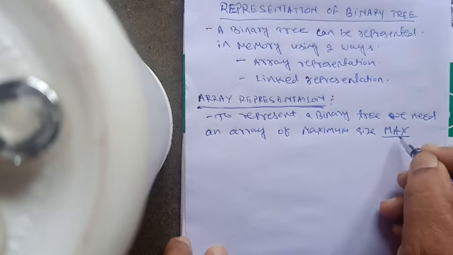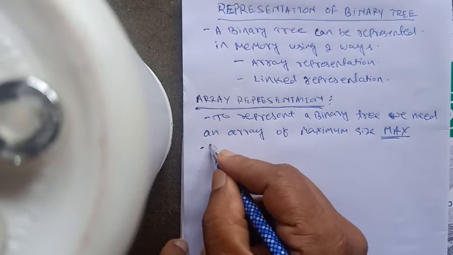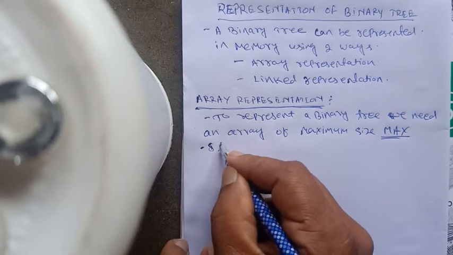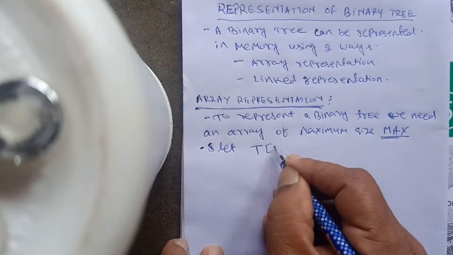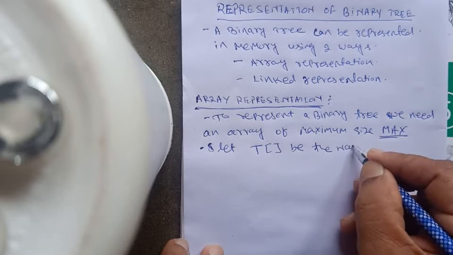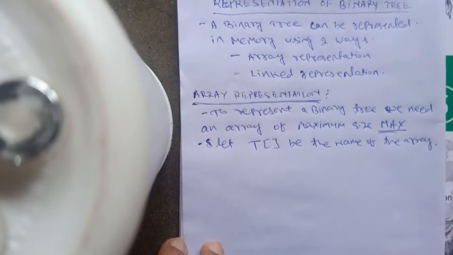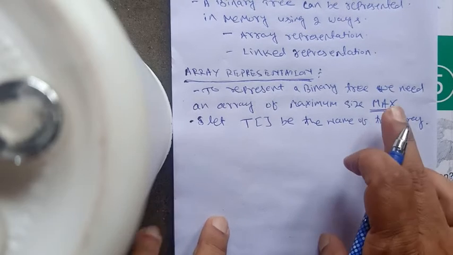Let us say max is the maximum size of the array, and let t be the name of the array. Now the problem is, what should be the size of max?